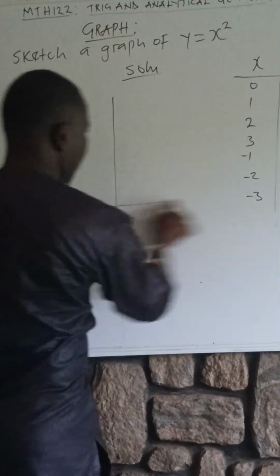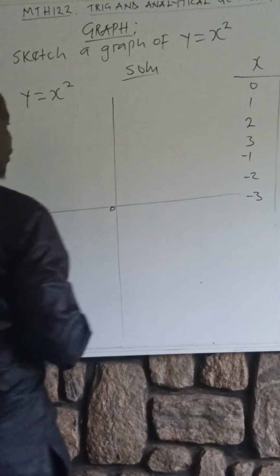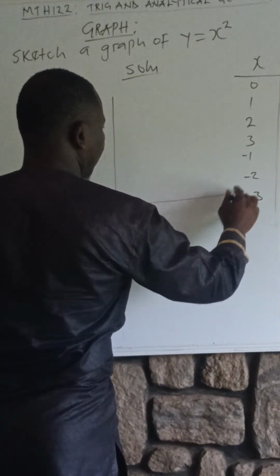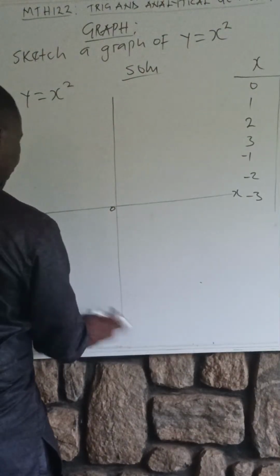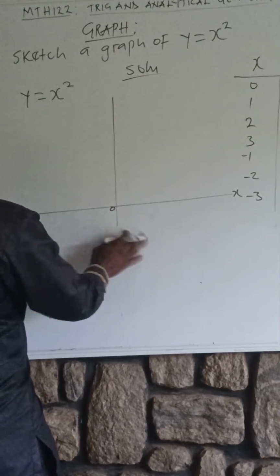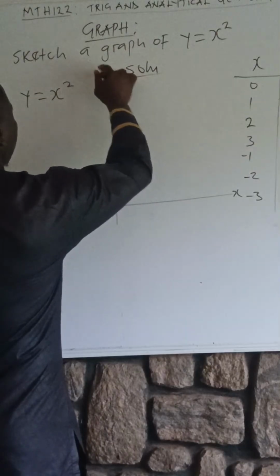This is the origin. This is x, minus x, because y does not have negative. This is y.